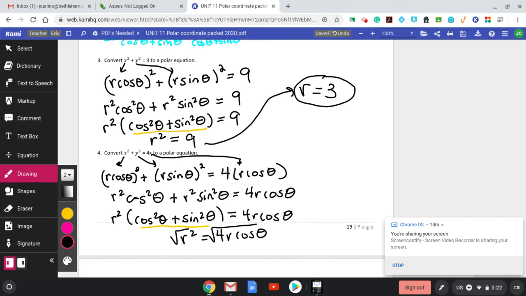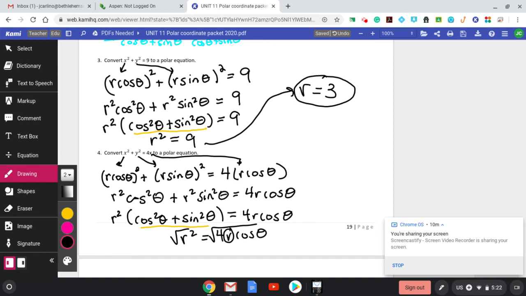Look on the right side, guys. If you take the square root of that, are you getting rid of that r right there? No, you're not. You only want one r in the whole thing, and you're going to end up with two still. So I'm still going to be left with an r on the left and an r on the right.